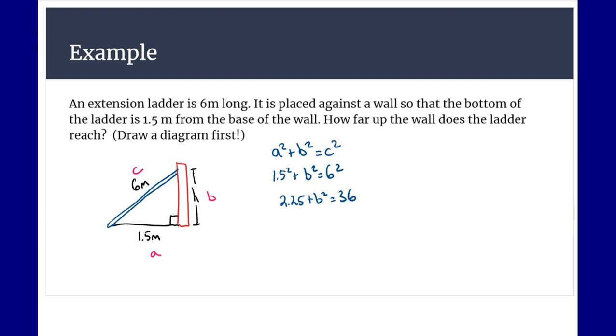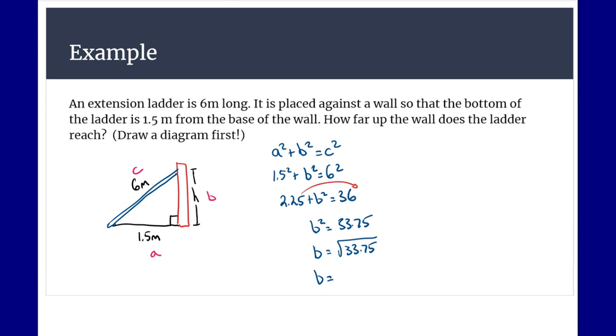Again, I want to move the 2.25 over. I get B squared is equal to 36 minus 2.25, which is 33.75. And then I need to square root both sides.